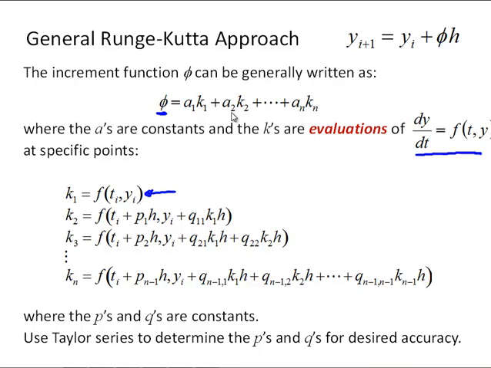And then we have another constant a2 times k2, where k2 is dy dt evaluated at time step t i plus p1 h, and so p1 is a constant that tells us how far along the time step we're going to take some intermediate time value between i and i plus 1. And then q11 is another constant, and k1 is our function evaluation from the previous term, and on into n terms, and this would be for an nth order Runge-Kutta method.